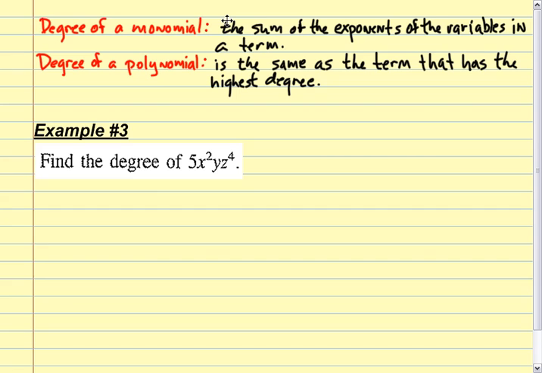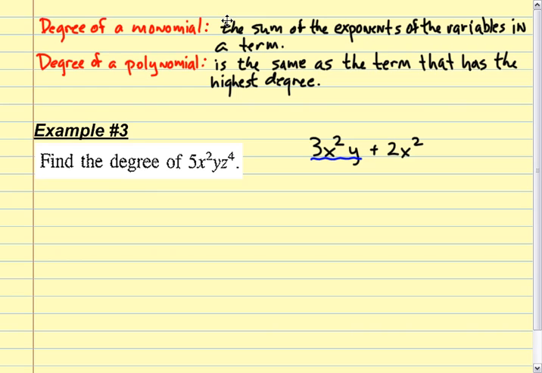So if I have more than one term, for instance, let's say I have 3x squared y plus 2x squared. Okay? Parker A, what's the degree of this first term? 3xy.